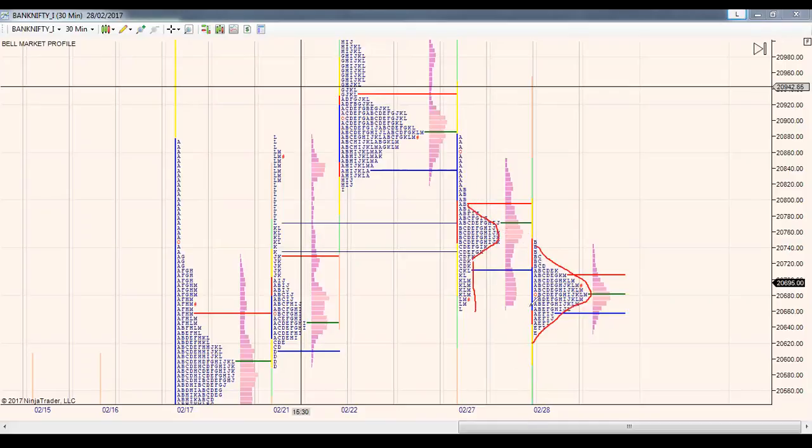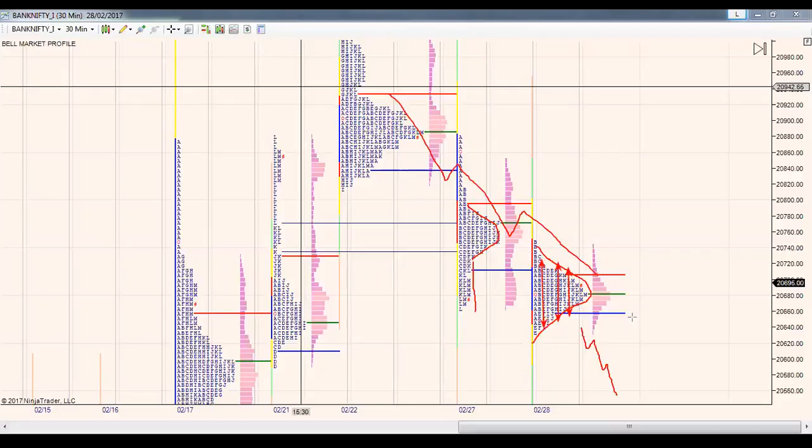So this kind of a development had various consequences, and like it happened in Nifty, Bank Nifty should have broken down, but we did not. Since the prior trend is down, this kind of activity immediately tells us that both buyers and sellers are in balance.